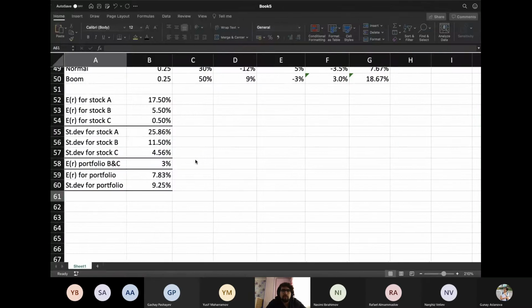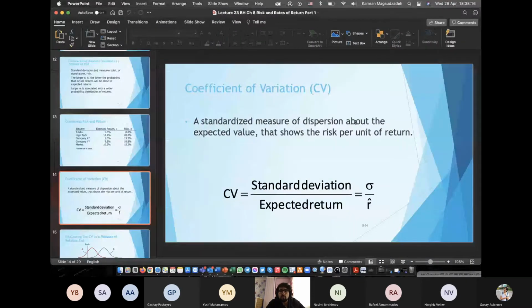Coefficient of variation shows how much risk you are taking per 1 unit of return, because we are dividing standard deviation over expected return. It shows how much risk you are facing per unit of return.